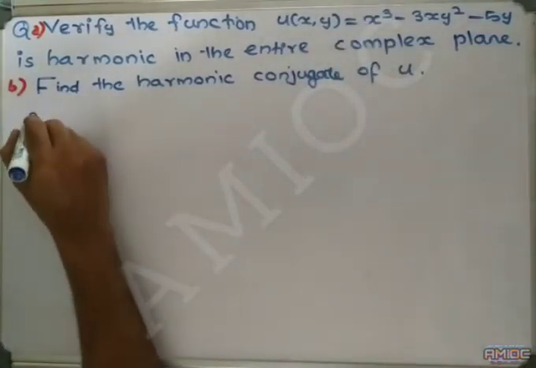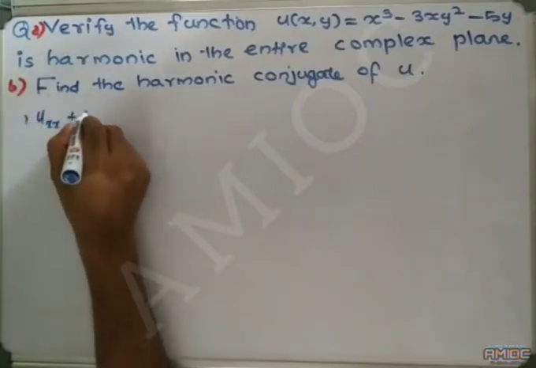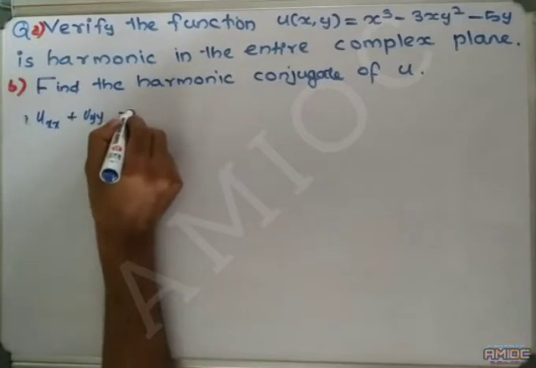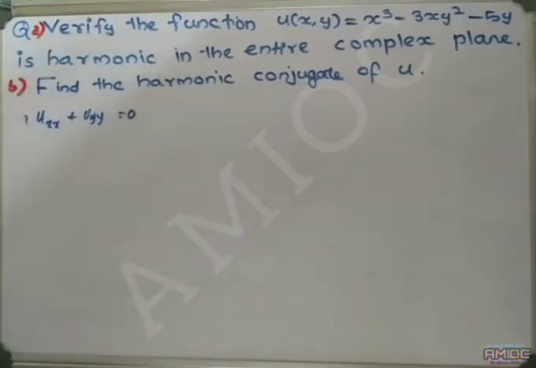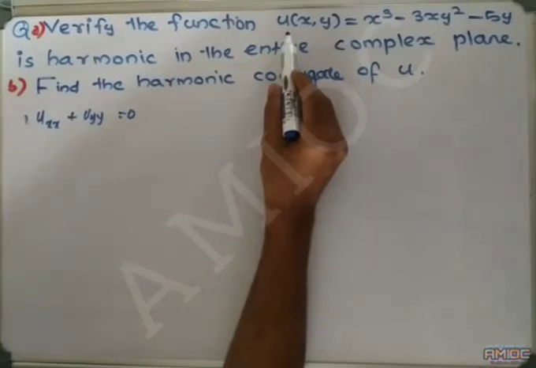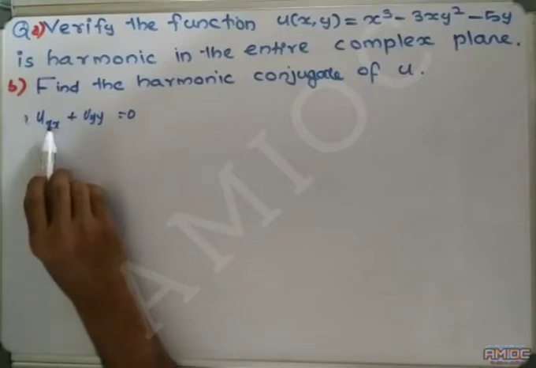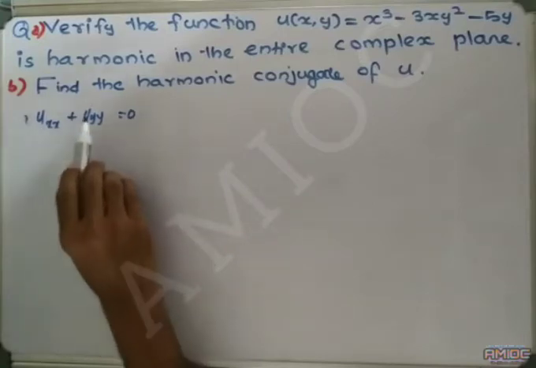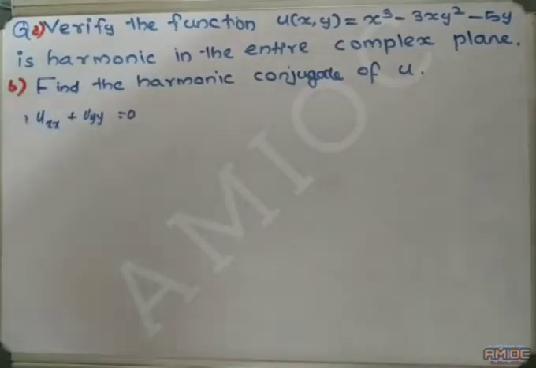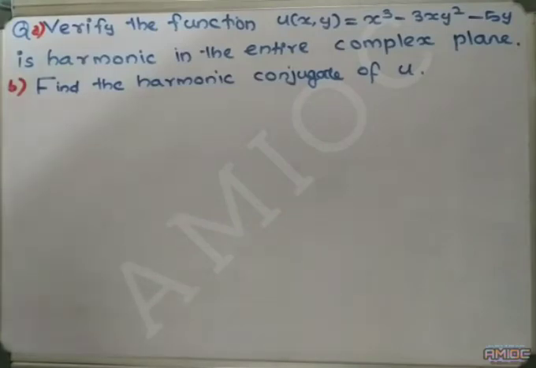The Laplace equation is given by u xx plus u yy equal to 0. Therefore, to check that u satisfies the Laplace equation, we have to evaluate the second order partial derivative of u with respect to x and the second order partial derivative of u with respect to y. We first evaluate the second order partial derivative with respect to x.